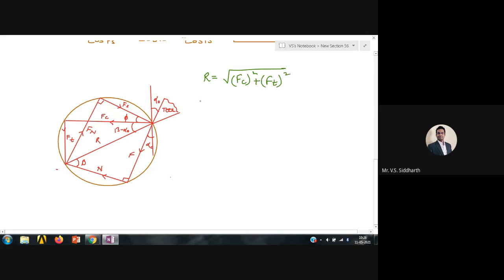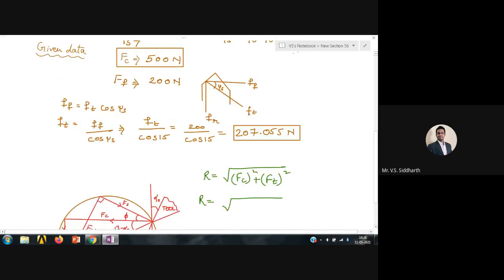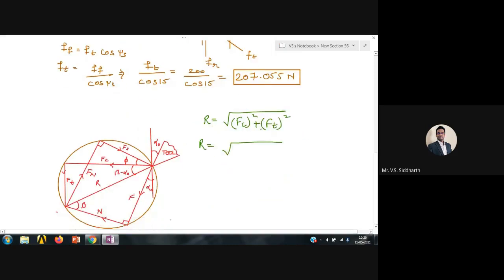Clear? So R equals root over of how much is FC? FC is 500 plus FT is how much? 207.055. Calculate and tell me how much you are getting. R is the resultant.